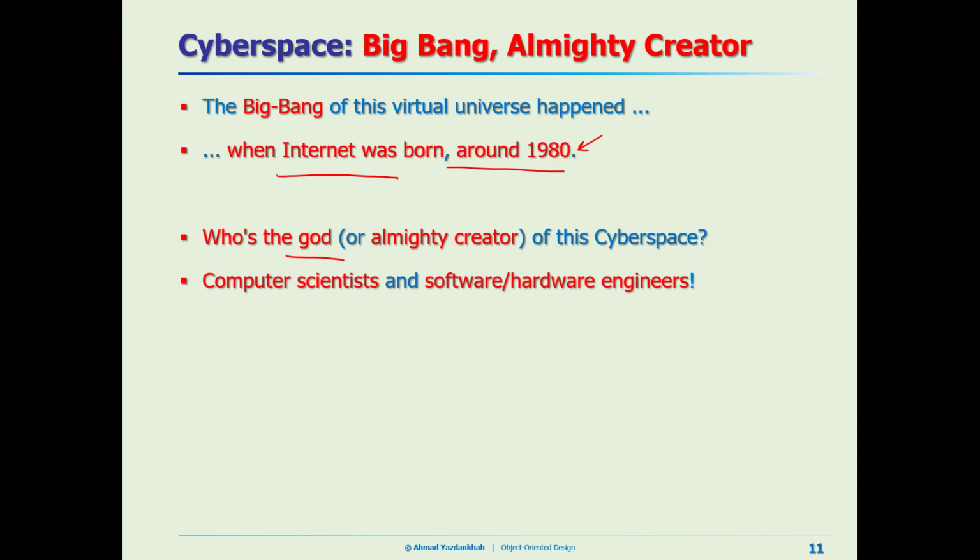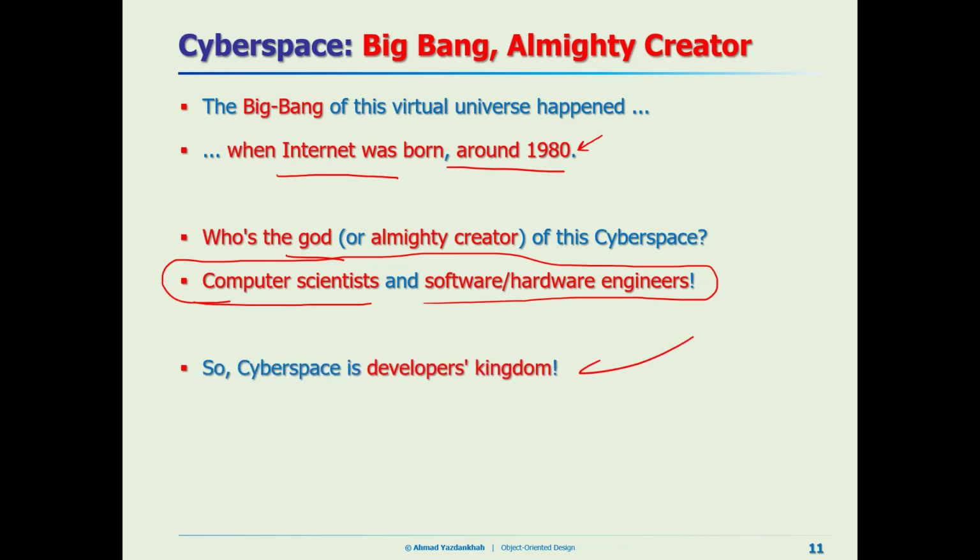So computer scientists and software and hardware engineers, right? All right. So in fact, in other words, we can say that cyberspace is our kingdom. Yeah, that's funny, but this is the fact.